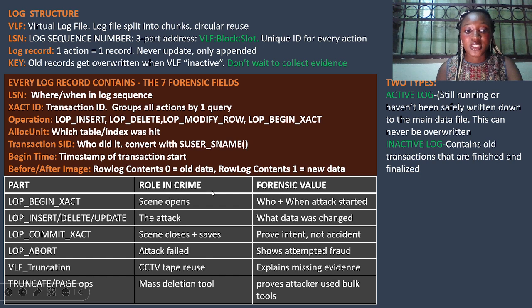Now these are the roles in crime, what each function does. This one is actually very important. Begin is when the scene started. Insert, update and delete are just the operations, the attack or change. Commit is very important in forensics and investigation, in that when somebody commits, it means you have saved the act. You have saved the act.